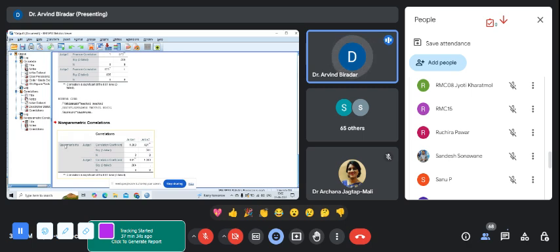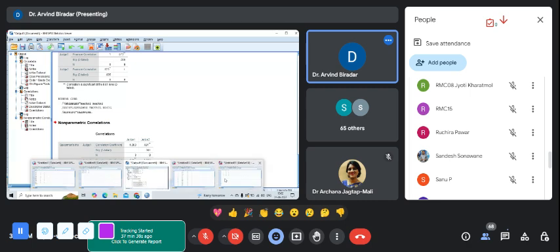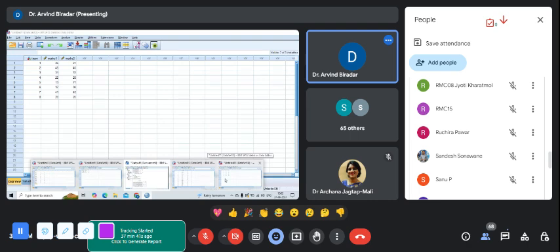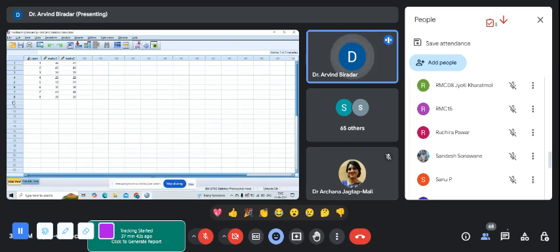Now, manually you would solve this kind of question in a different way. These are the marks. First of all, you have to give the rank, highest to lowest, and thereafter you can go for the differences.